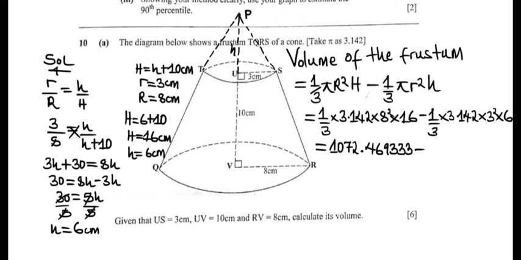Then subtract 1/3 times 3.142 times 3 squared, then times 6. This gives 56.556.